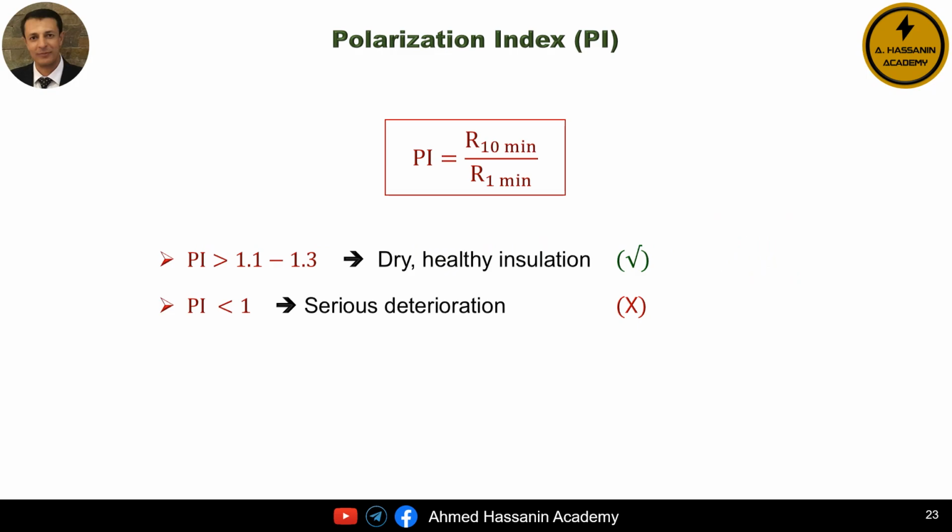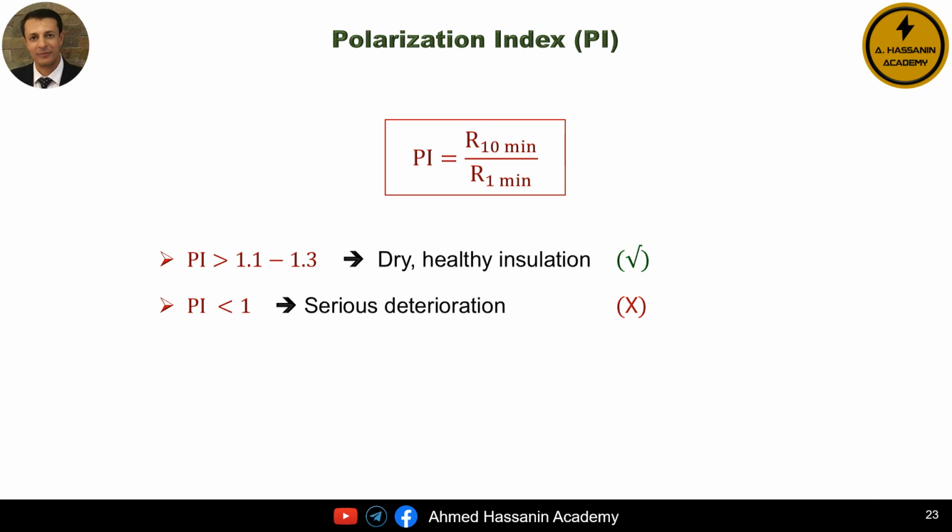A DC voltage is applied, and after 1 minute, the insulation resistance value is calculated by dividing the DC voltage by the current. Then, after 10 minutes of applying the DC voltage, the insulation resistance value is calculated again. Thus, the polarization index, PI, can be obtained by dividing the insulation resistance value after 10 minutes by the insulation resistance value after 1 minute of applying the DC voltage.